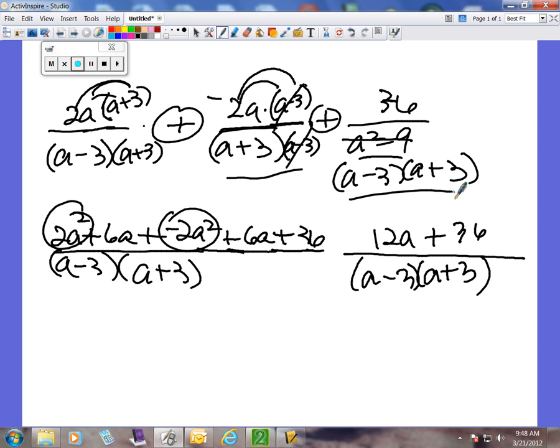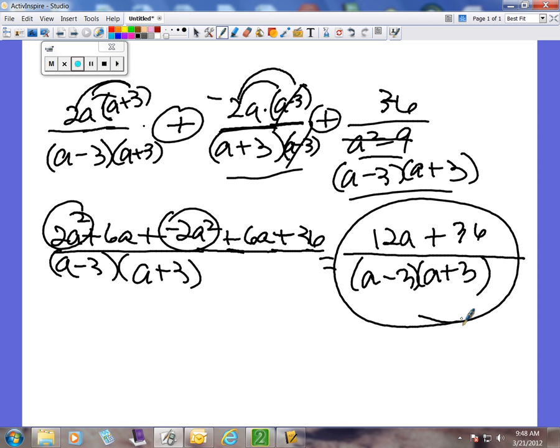But here's the thing you need to look at on this. I'm going to be real happy because we've had trouble with this. If you got to here, I'm going to give you full credit. But this now can be simplified. What can come out of the top? How about 12?